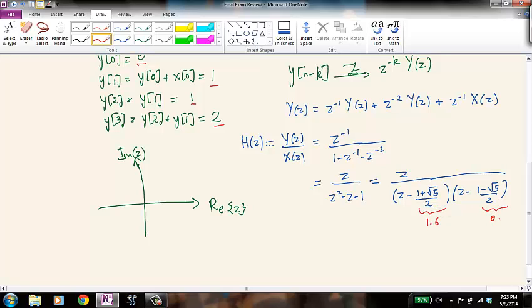This number is roughly minus 0.6 actually. So that means you have poles at these two locations, and you have a single zero, single order zero, right? Because your numerator is z.